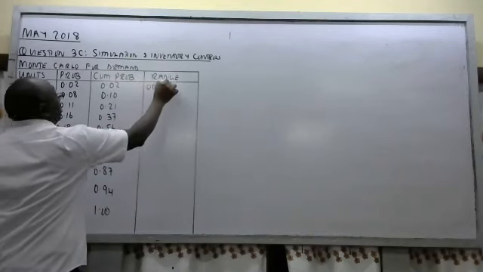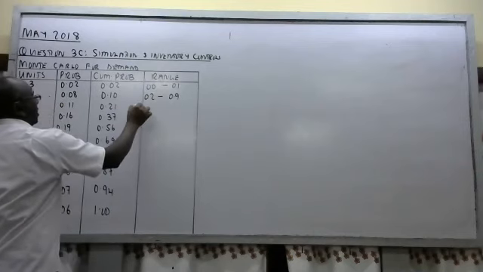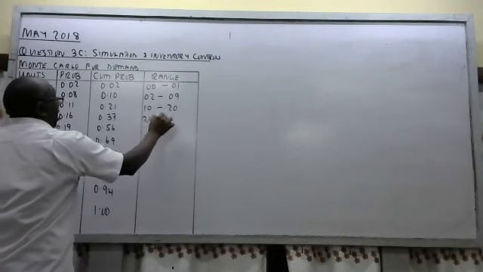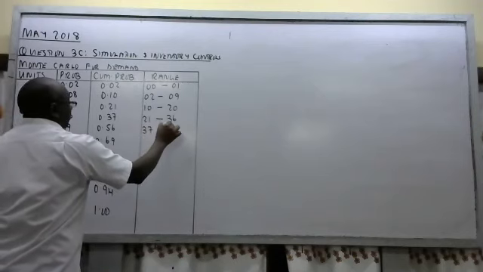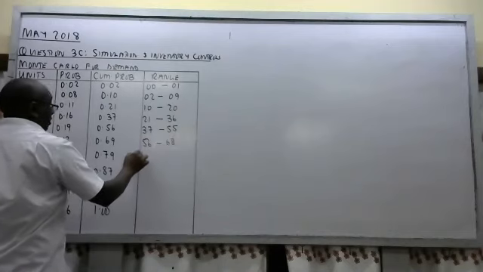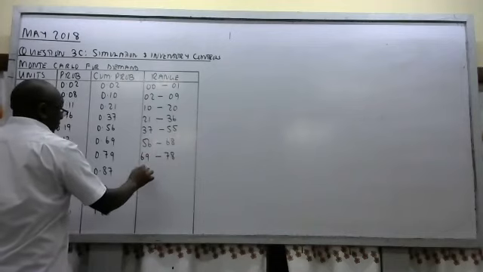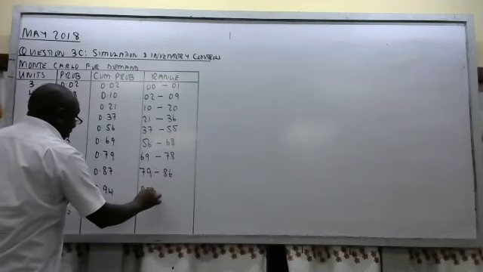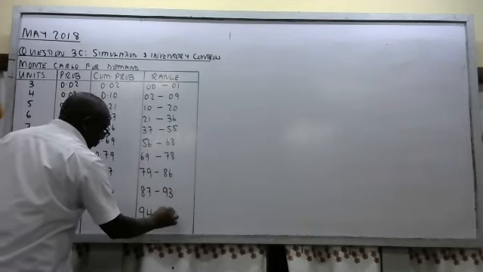So the ranges are 00 to 01, 02 mpaka 09, 10 to 20, 21 to 36, 37 to 55, 56 to 68, 69 to 78, 79 to 86, 87 to 93, 94 to 99.